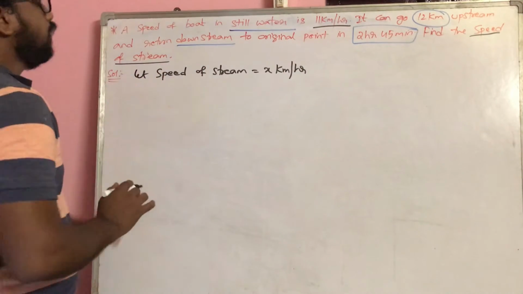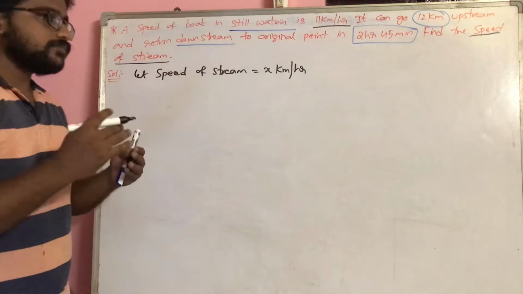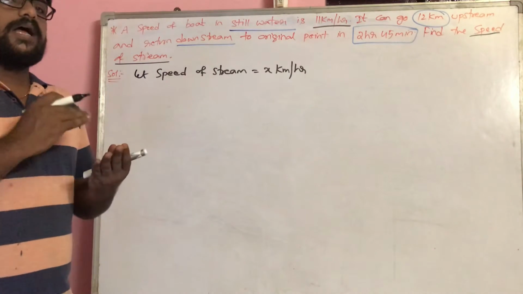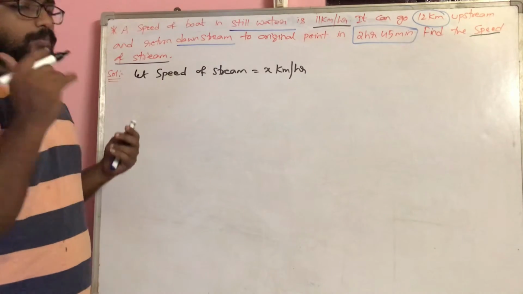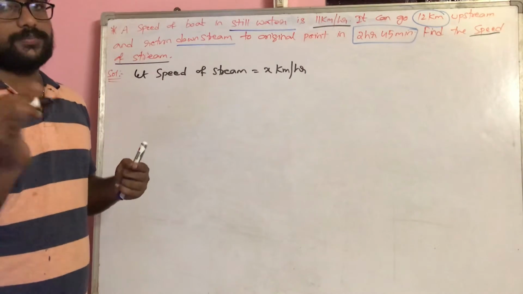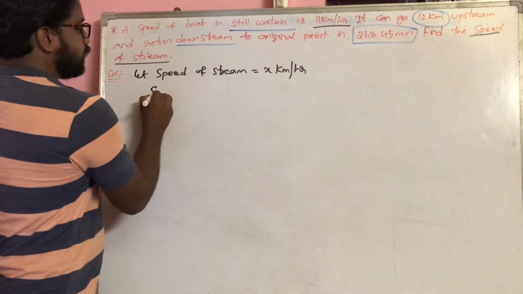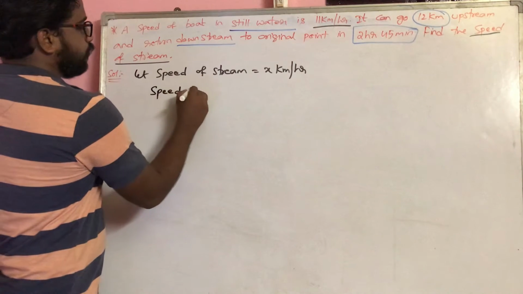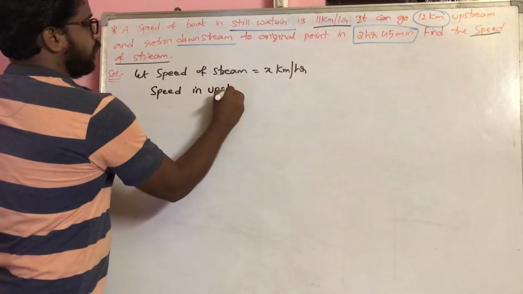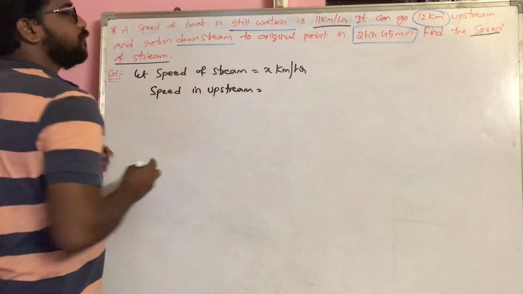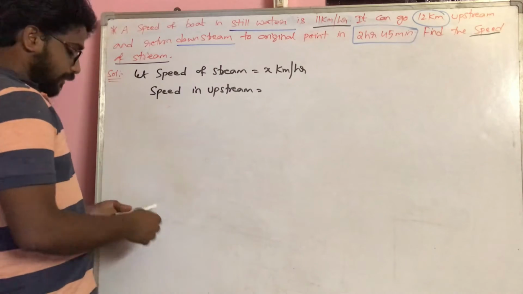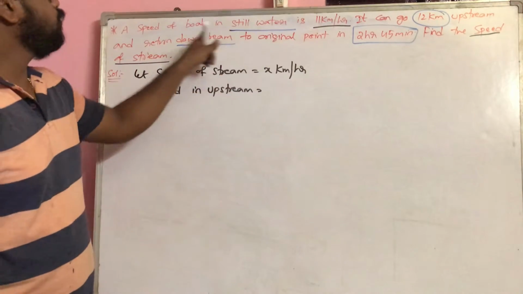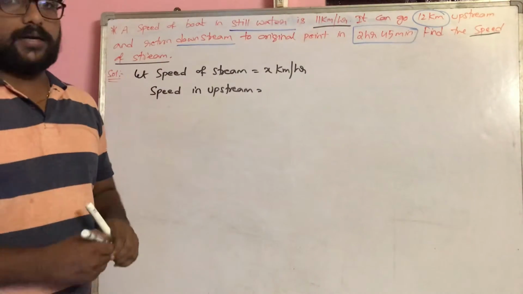Simple as that. Now see here, when you are going upstream, you have to apply the boat speed as well as the water speed. So as I told you, the speed in upstream, that means when you are climbing up you have to increase your speed, and they said the boat is moving at 11 km per hour.